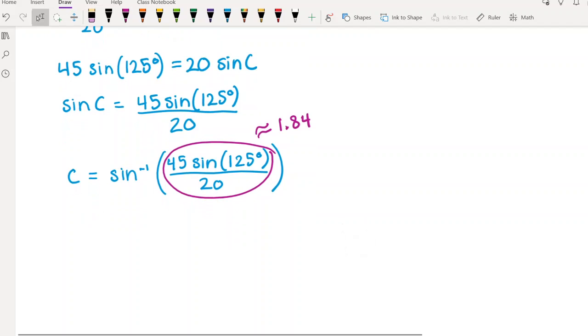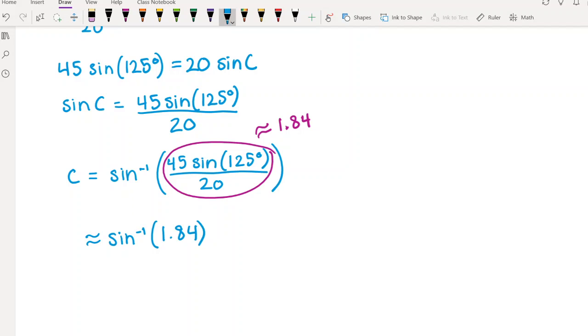I want you to think for a moment about why this would give you something undefined. And I don't want you just to rely on the fact that your calculator will tell you it's undefined. I want you to understand why. The reason is that you cannot take inverse sine of a number that's bigger than 1.